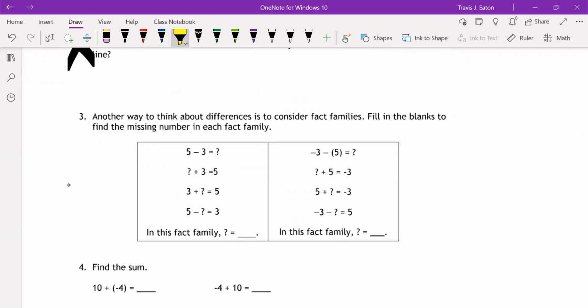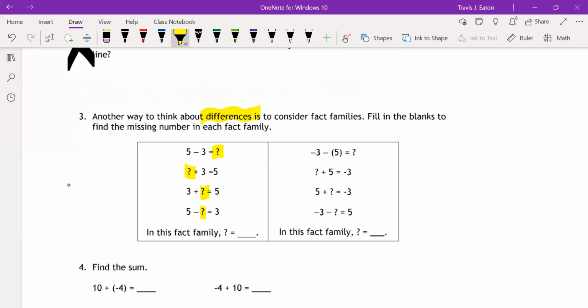Another way to think about differences, remember that's subtracting, is to consider fact families. Fill in the blanks to find the missing number in each fact family. We're trying to find the missing number here, the question mark. What is 5 minus 3? What plus 3 equals 5? 3 plus what equals 5?